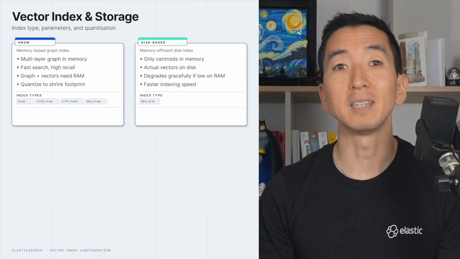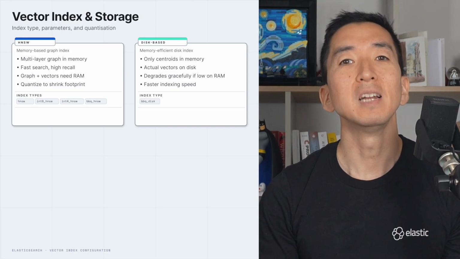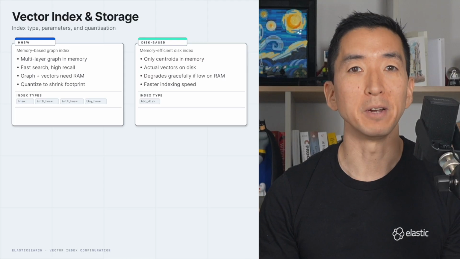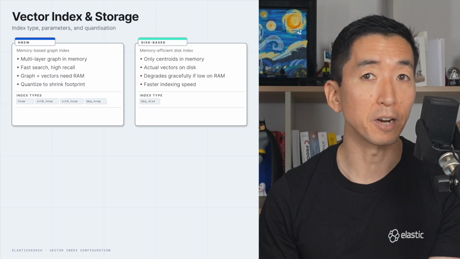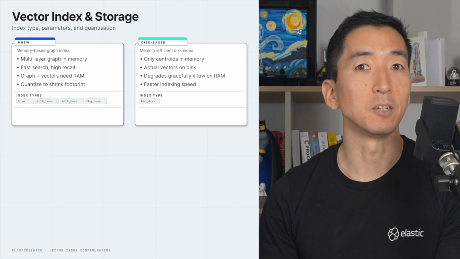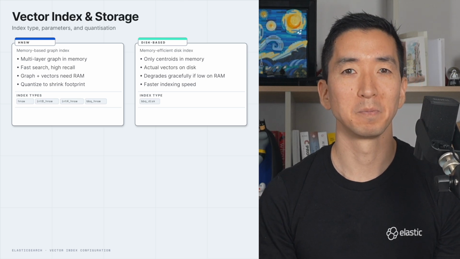DiskBBQ, for example, partitions vectors into clusters and only puts the centroids into memory, leaving the actual vectors on disk. This hugely reduces the required memory, and while the search latency isn't as good with DiskBBQ as with HNSW in general, the difference isn't that big, and other operations like indexing or ingestion are actually faster with DiskBBQ than with HNSW.